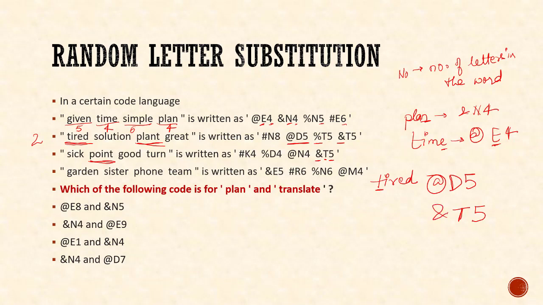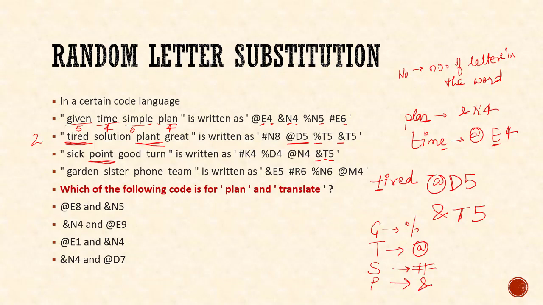So comparing the first letter of these words, we can figure out that if any word is starting with G, we are using the symbol percentage. If any word is starting with T, we are using the symbol at the rate. If any word is starting with S, we are using the symbol hash. And lastly, if any word is starting with P, we are using the symbol and. So that is the logic of the symbols.